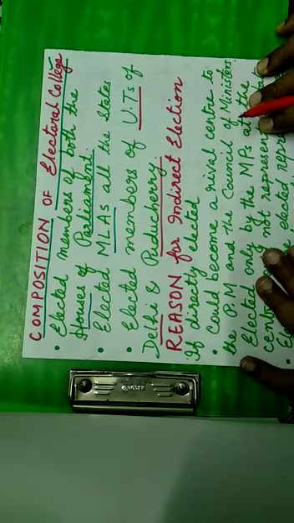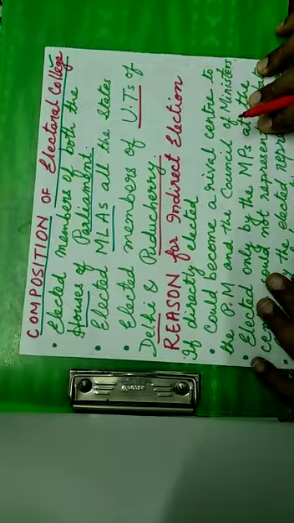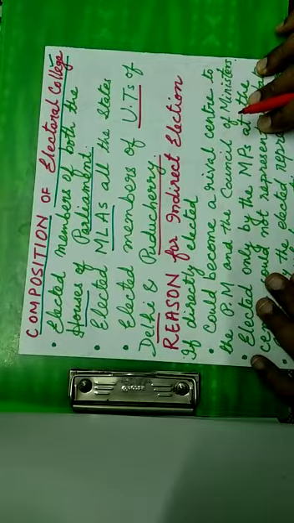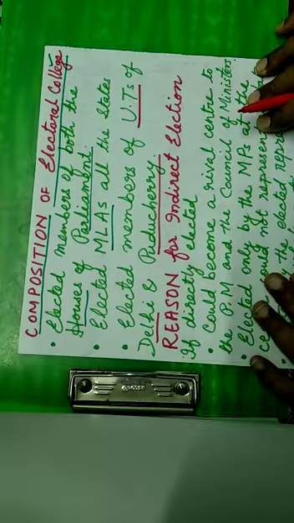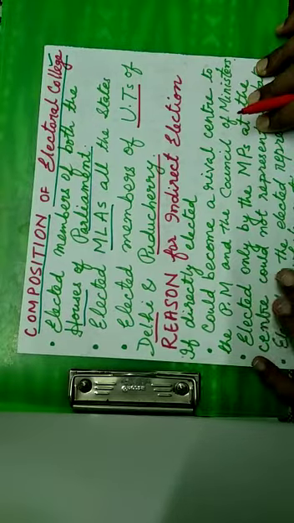They are the people who vote for the President. The nominated members of Parliament or any other state do not have the right to vote for the President or take part in the presidential election.